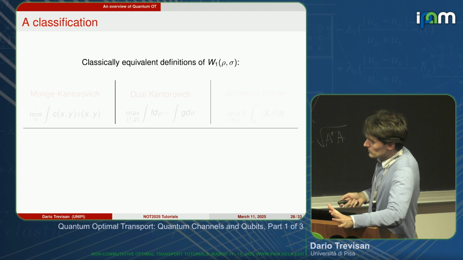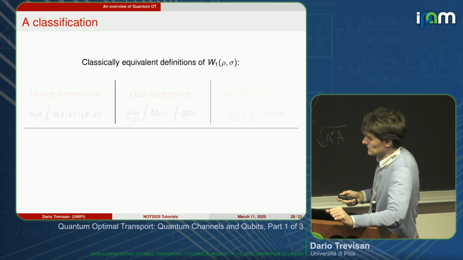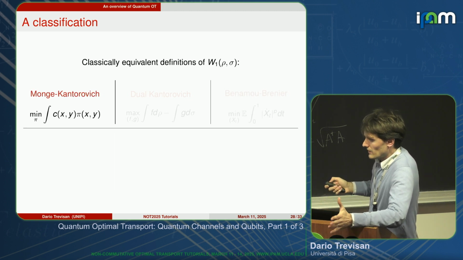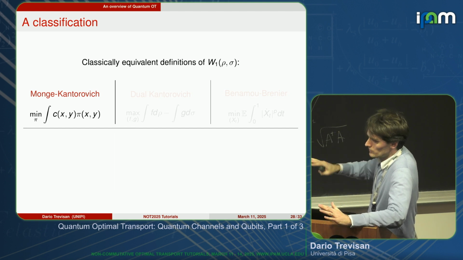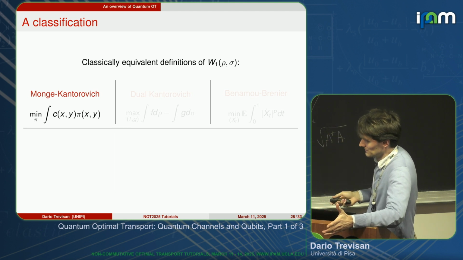Now, if I want to do a classification, you don't know very much about the classical transport distance, but maybe it would be interesting to say what aspects of the classical approach we are using. Because, as I told you, if there are many attempts, it means there is not a single way to define an optimal transport distance.